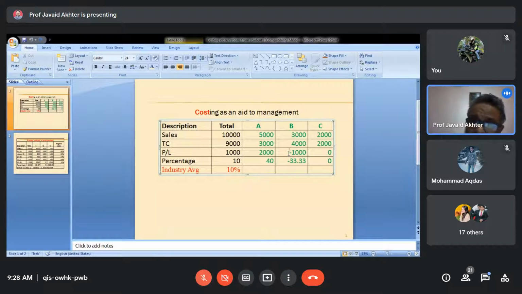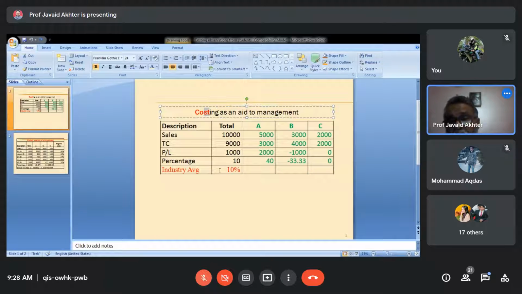Therefore, we need to find out why B is giving us losses, and why A is profitable. Why is it that there is neither profit nor loss? All this is possible only if you have taken the second, third, fourth, fifth step in your further analysis, that is, you have taken out the cost of these products.